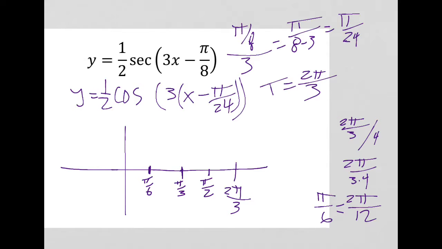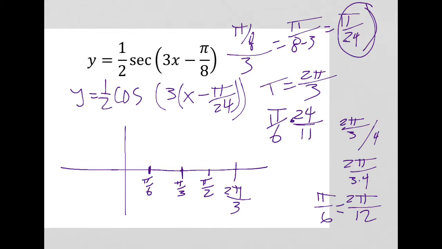But notice again, I have a phase shift of pi over 24. And so if each of these tick marks is pi over 6, well, how many pi over 24s go into pi over 6? Well, that's like saying, what is pi over 6 divided by pi over 24, which is the same as pi over 6 being multiplied by 24 over pi.